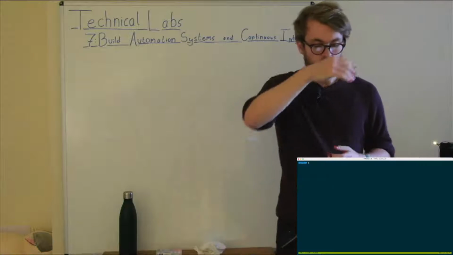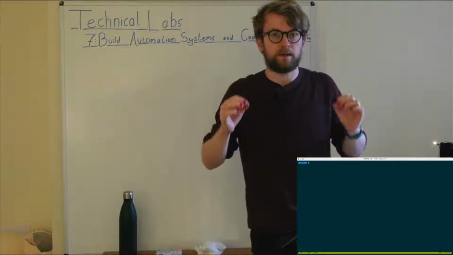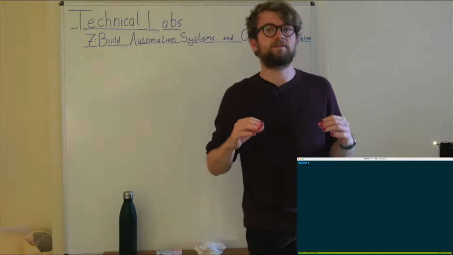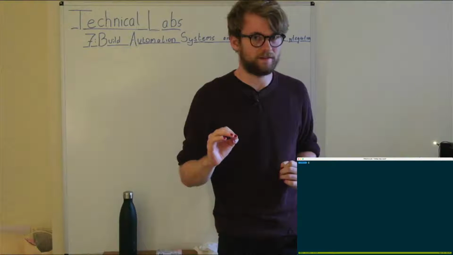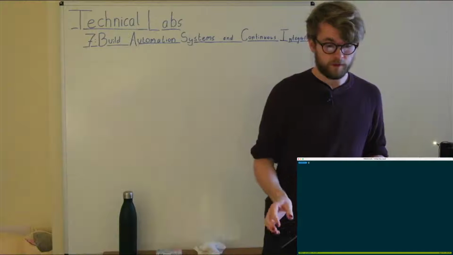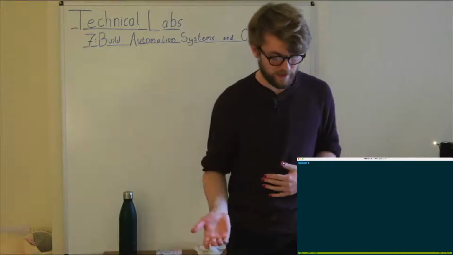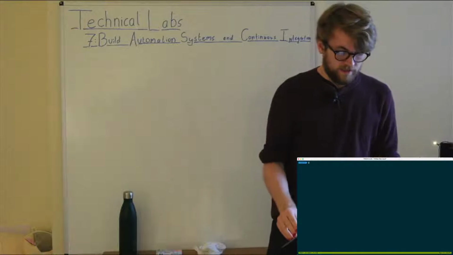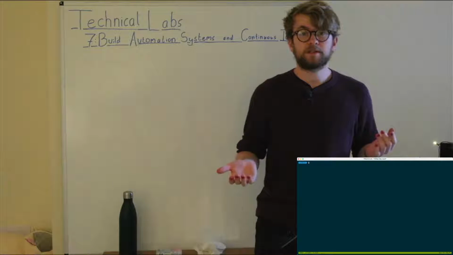Okay, so what is a build automation system? Well, first, let's talk about what I mean by build. Build is a very, very loose term. Note that I'm not saying compile. A lot of the time, building is compiling. You have a big code base, you need to compile that down into bytecode or a binary, or down into HTML or something, that is compiling. But sometimes it's absolutely not compiling.